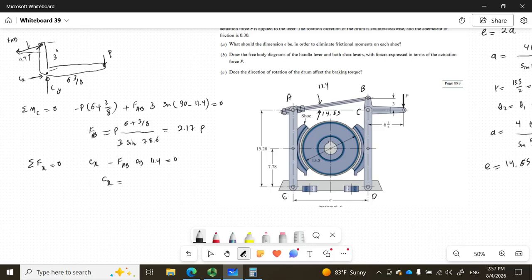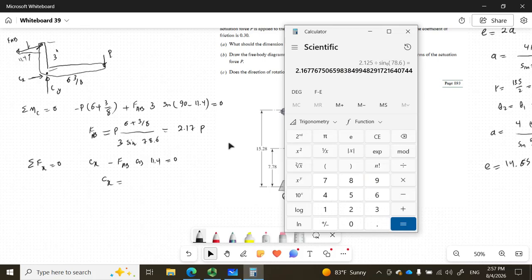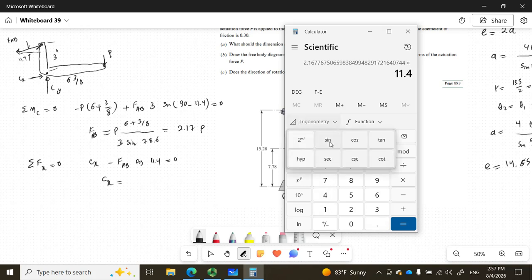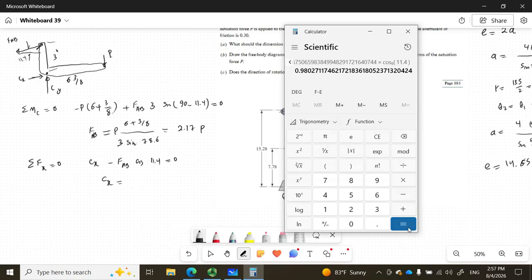So CX equals FAB, 2.17 times cosine of 11.4. There you go, 2.13.